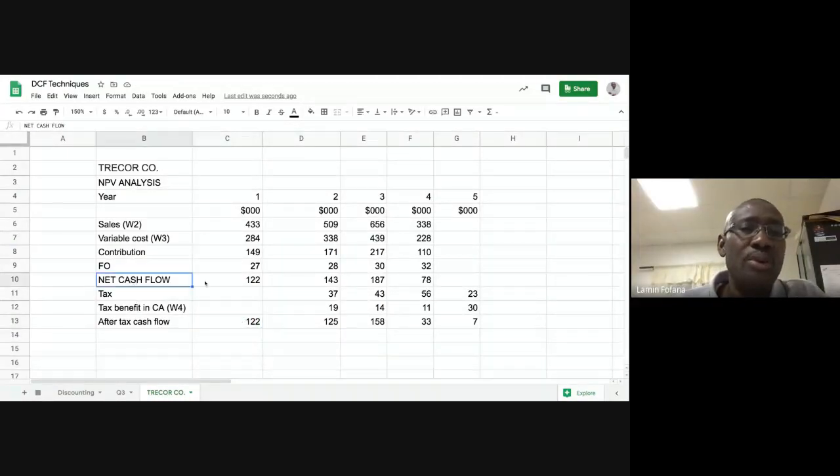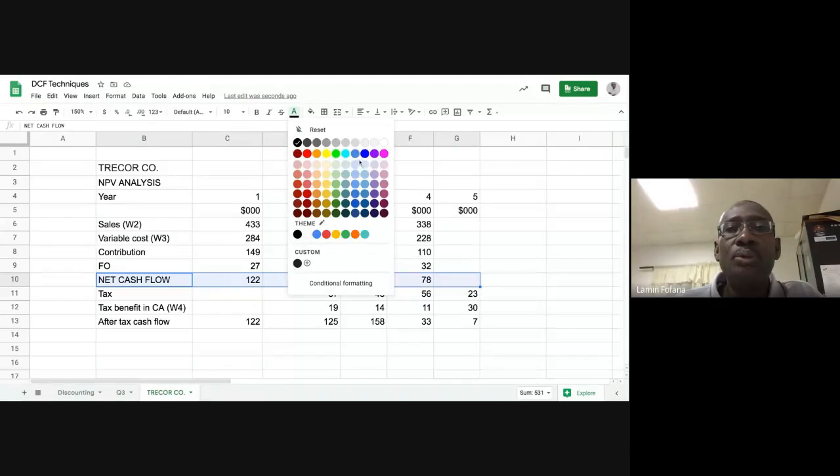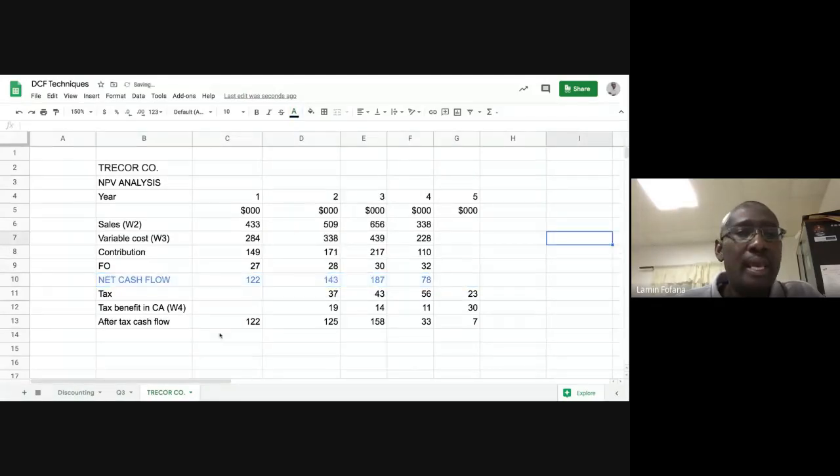So we've all come up to here to our net cash flow before tax. That is this. Let me color it in blue. Now we have our taxes. This one is a tax outflow we have to pay. This is a tax savings, which is an income to us. So what we do is this plus the income, which is our tax benefit, less the tax, that gives us this for each of them.